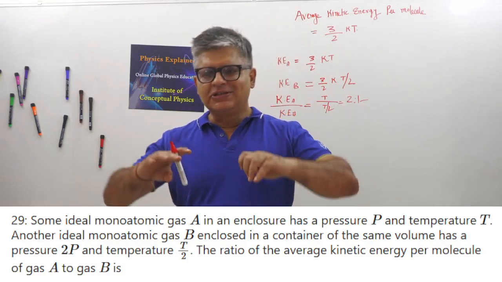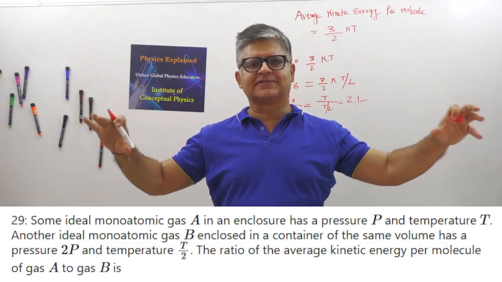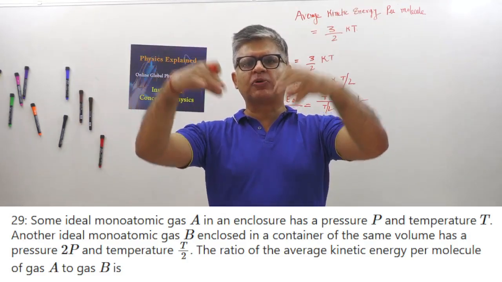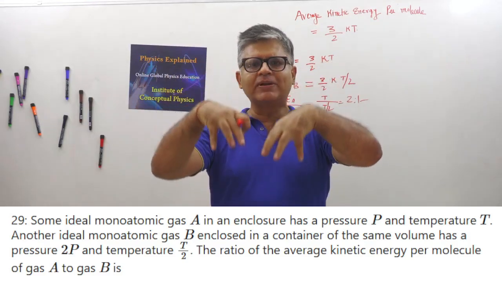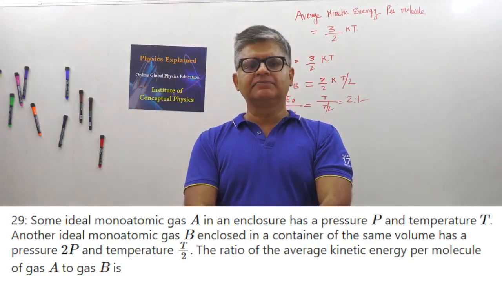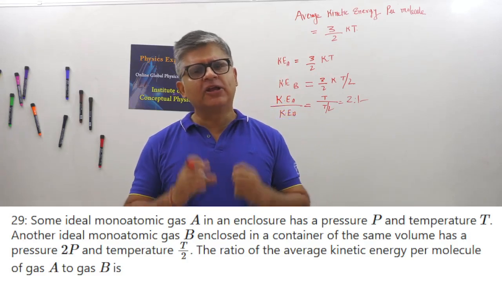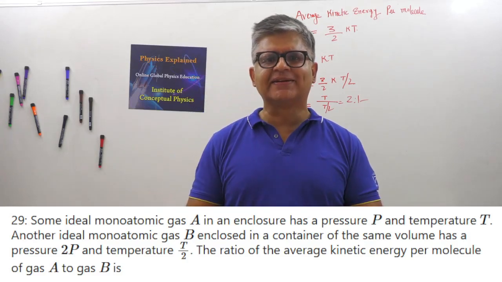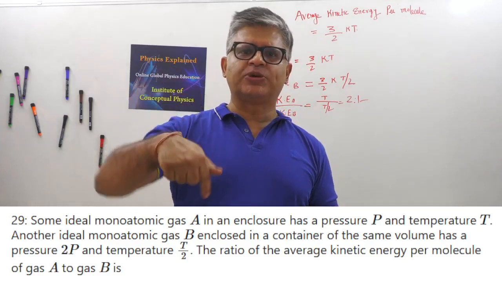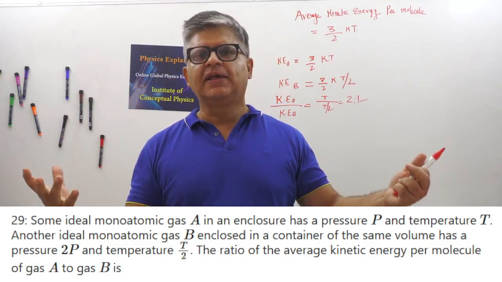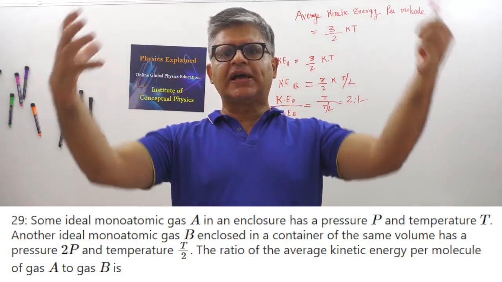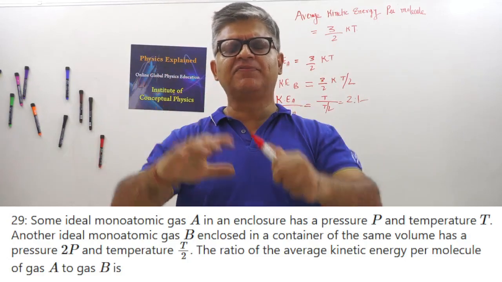When you have two gases, these two containers are brought into a common container of some volume. Finally, what happens? You're supposed to find the average kinetic energy in that situation, where these two containers at different temperatures are put in a single container of some volume.